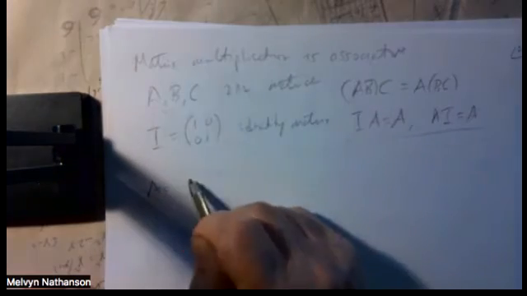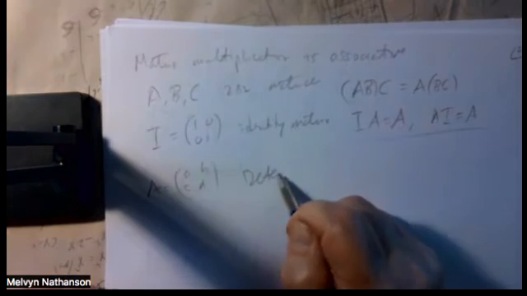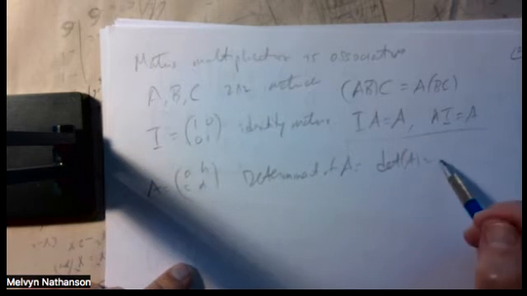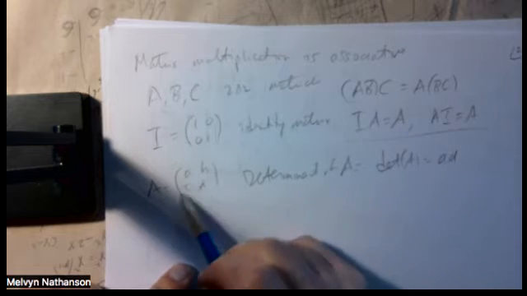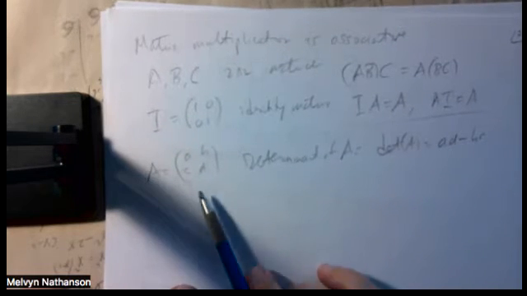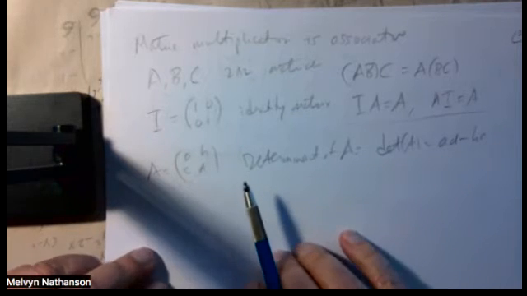And if A is A, B, C, D, the determinant of A, which is usually written DET of A, you take the diagonal elements AD, the opposite diagonal elements BC, and you subtract them. So the determinant of a matrix is AD minus BC.